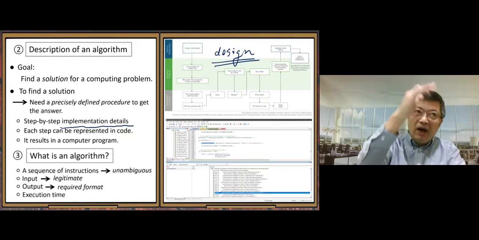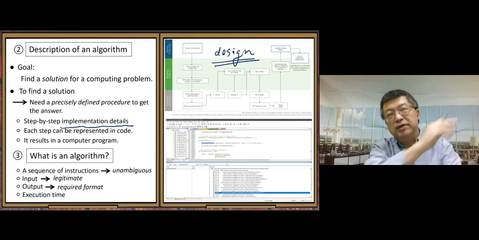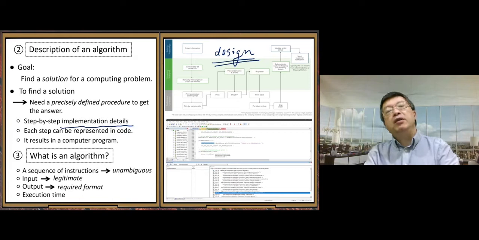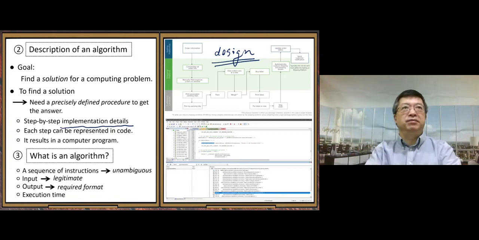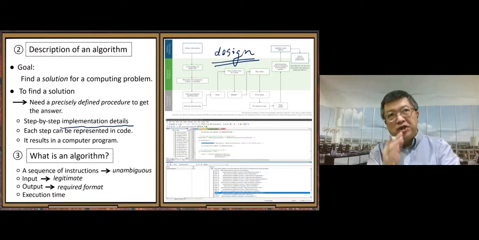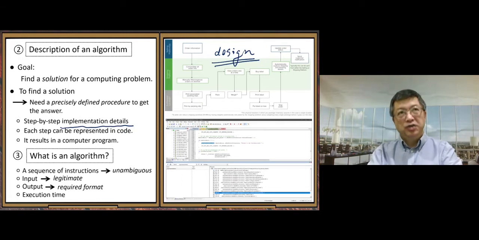Then, after all those conditions are satisfied, another aspect also very important: execution time of your algorithm. And this aspect is extremely important, is a main consideration in this class. Execution time.